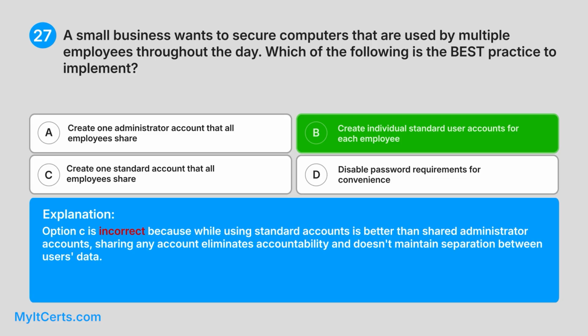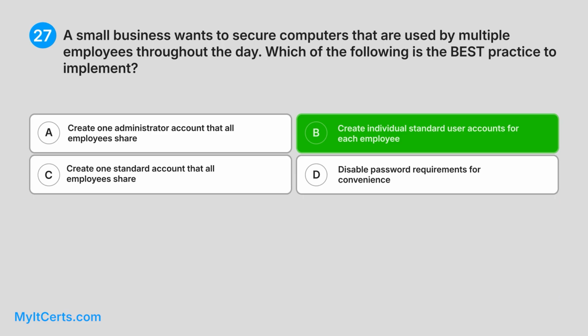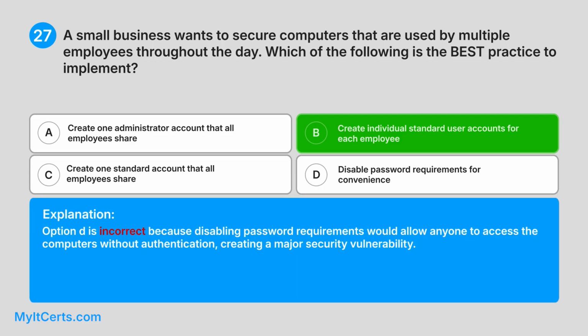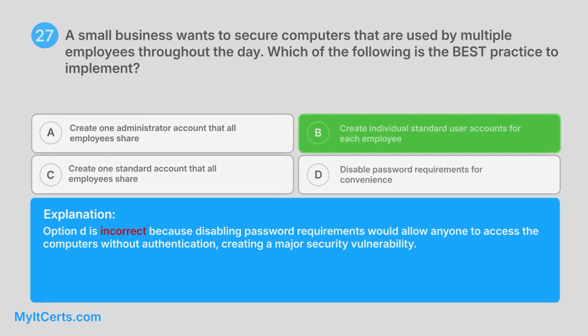Option C, create one standard account that all employees share, is incorrect because while using standard accounts is better than shared administrator accounts, sharing any account eliminates accountability and doesn't maintain separation between users' data. Option D, disable password requirements for convenience, is incorrect because disabling password requirements would allow anyone to access the computers without authentication, creating a major security vulnerability.